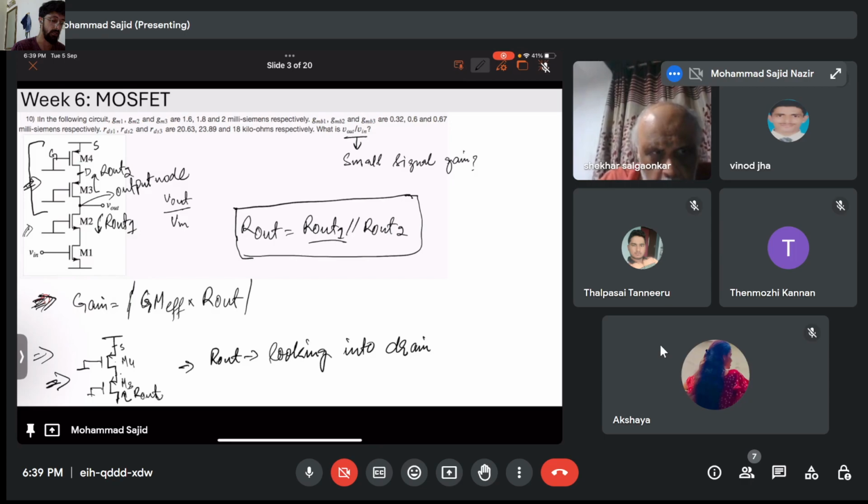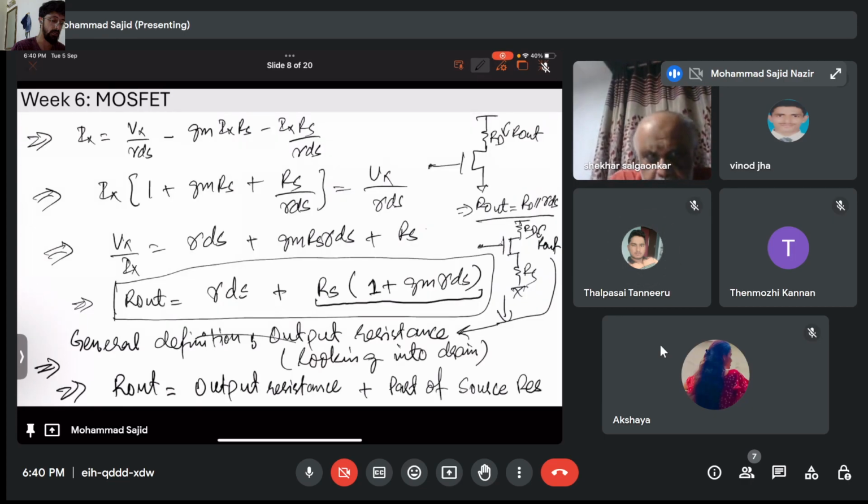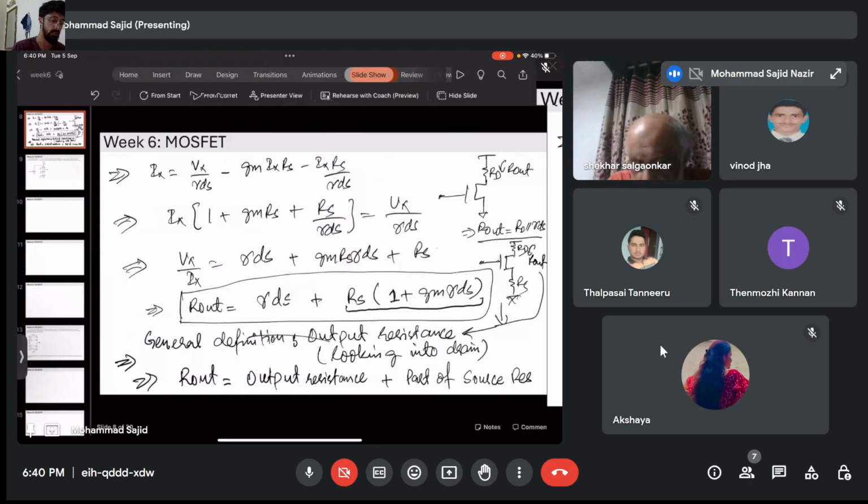Similarly, to calculate R out 1, we will treat M2 as our main transistor, and resistance of M1 will be treated as source resistance. Now I want you to tell me what will be R out 1 and R out 2.